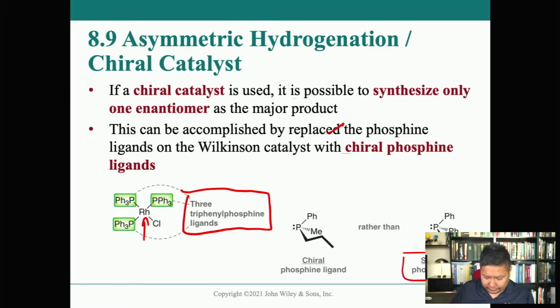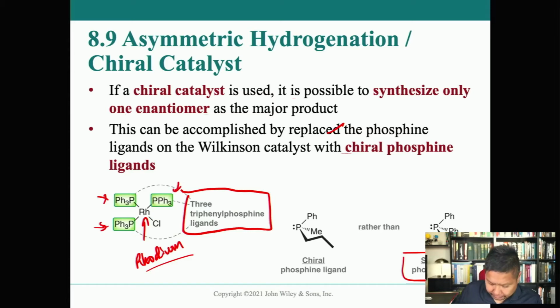Rhodium. I was going to guess something completely different. But yeah, okay, so the metal in this case is rhodium. And the phosphines that are connected to the rhodium here, here, and here are triphenylphosphines, which is this right here, right?